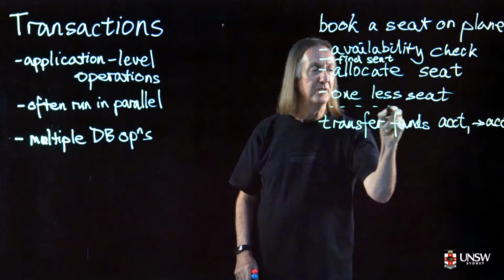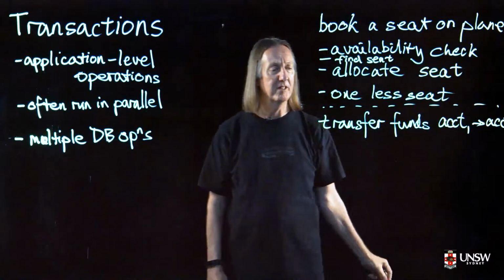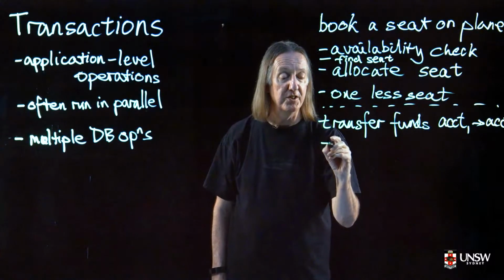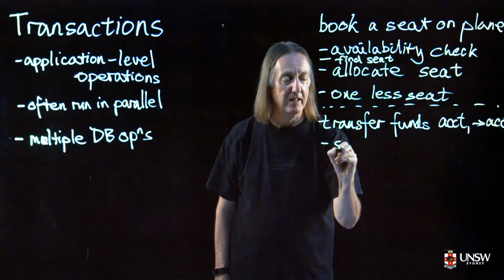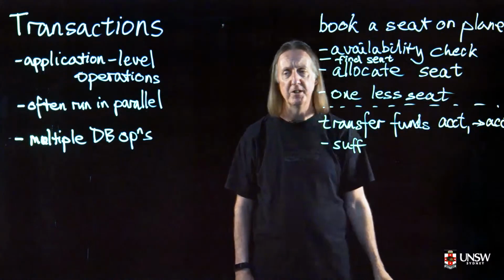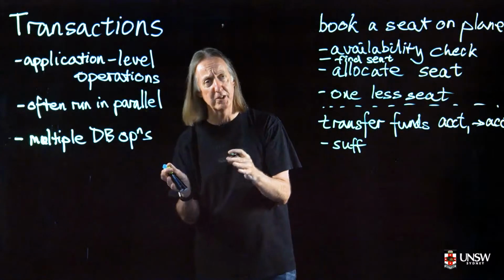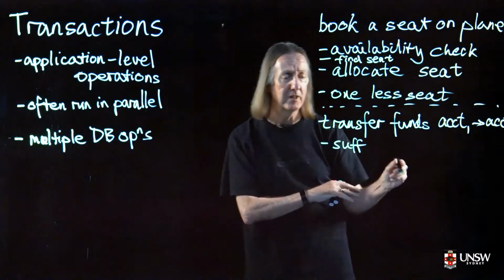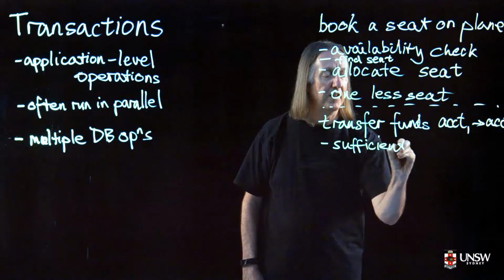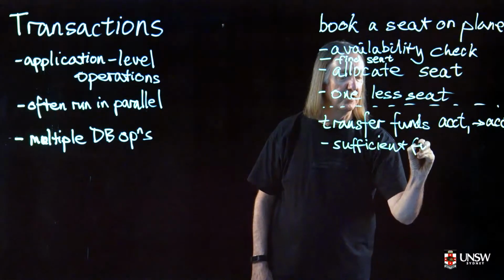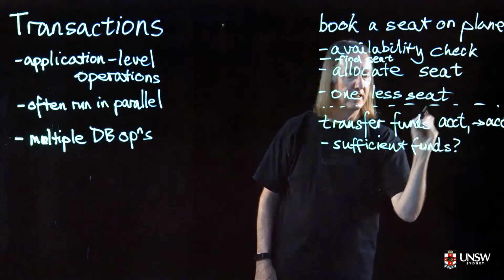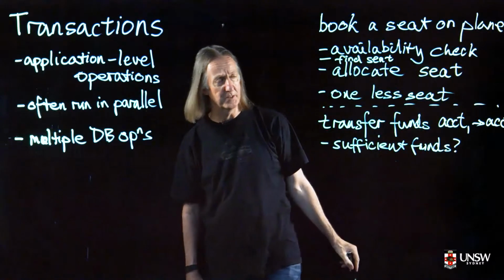We should put a line through there, being a separate operation. So once again, this involves multiple operations. First thing we've got to check, do we have enough funds? So presumably this is initiated by saying, I want to transfer X amount of dollars from account Y to account Z. So do we have sufficient funds to actually make the transfer? So let's assume the bank doesn't want to allow overdrawn. So that's going to be a query on the database.